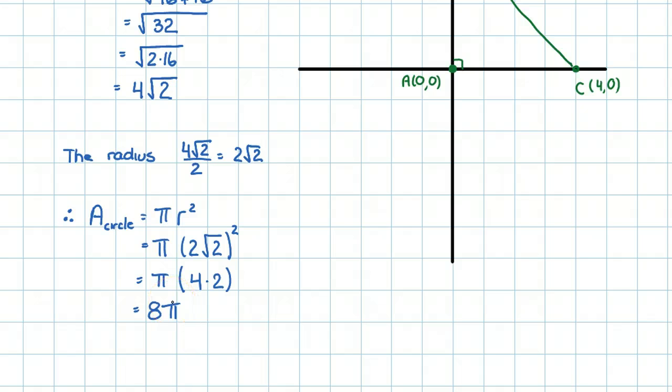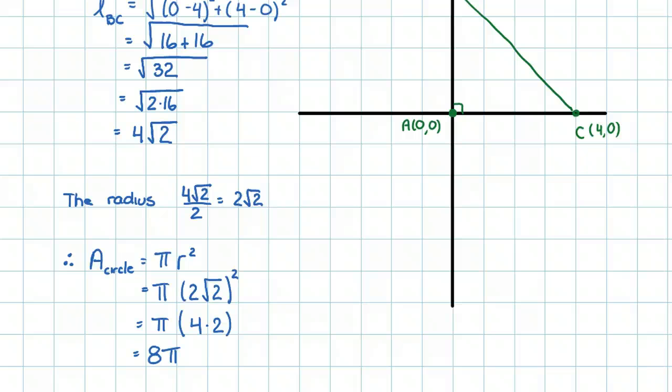Now again, the temptation here for a lot of students is to multiply 8 times pi, but in this context there's no need. So I'm going to leave this as 8 pi, and unless there's some reason to change it, I won't. So therefore, the radius of this circle is 2 root 2, and the area is 8 pi.